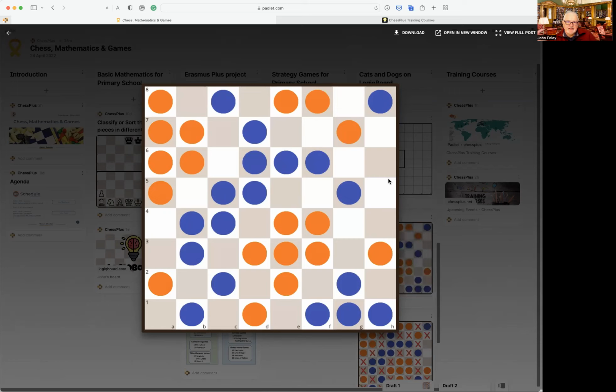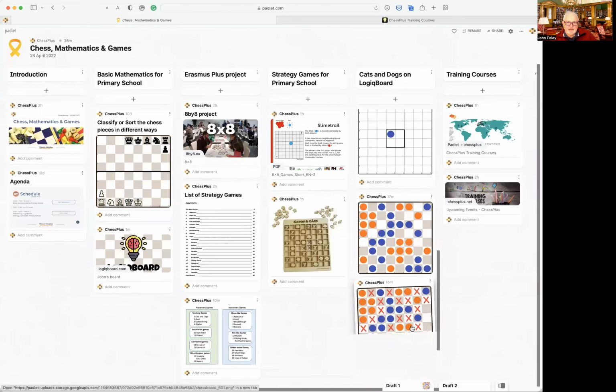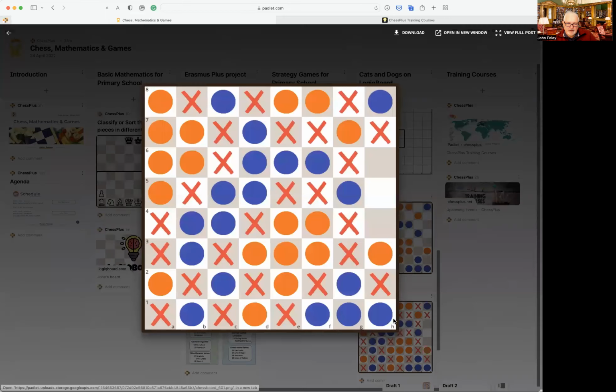So one way of doing this game, you've got to visualize not just the pieces, but where the pieces cannot go. So what you do, you'd say, look, if you look carefully, no piece can go to any of the squares marked with an X, because all of the squares marked with an X are exactly between an orange and a blue.